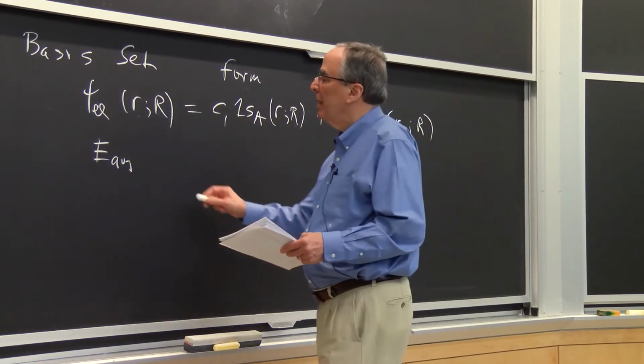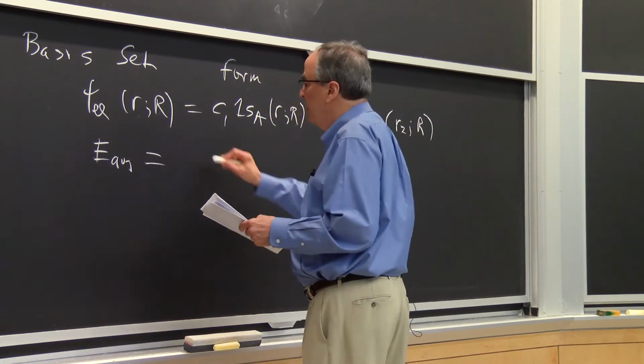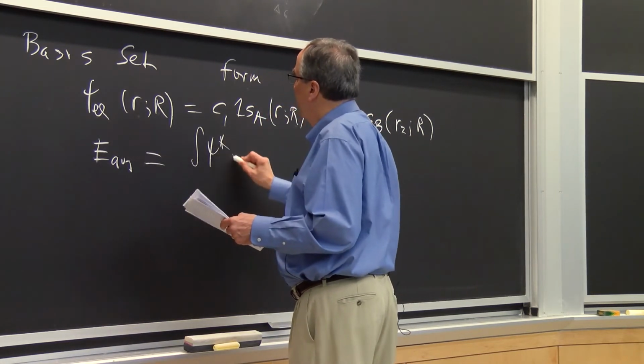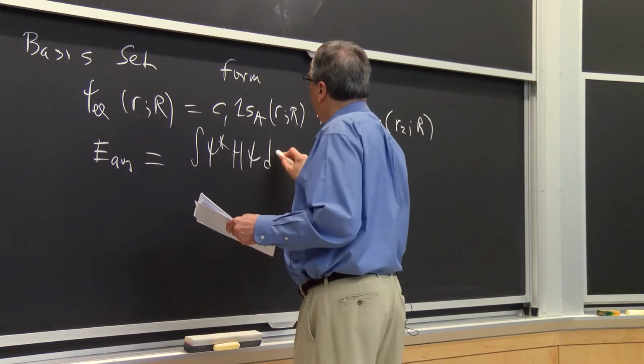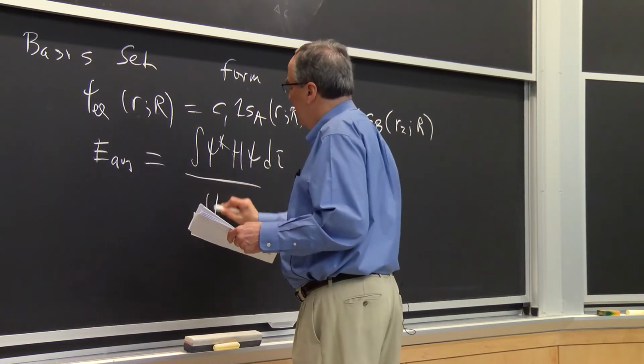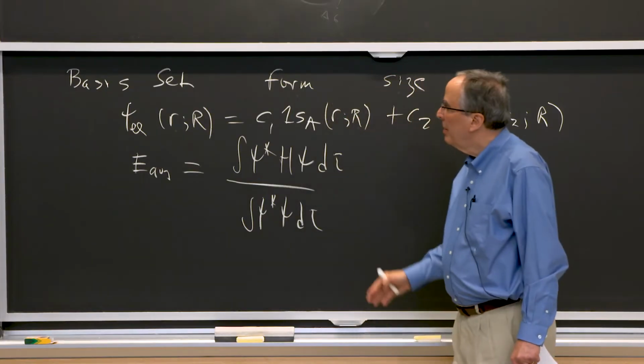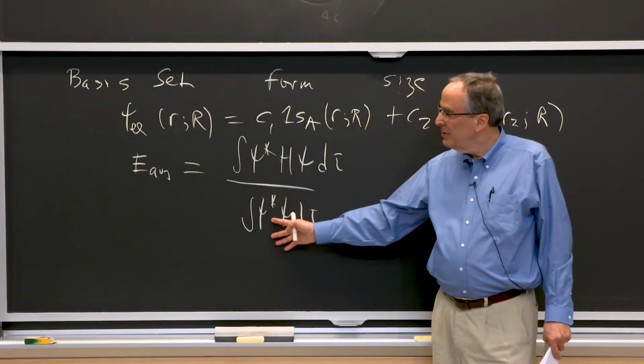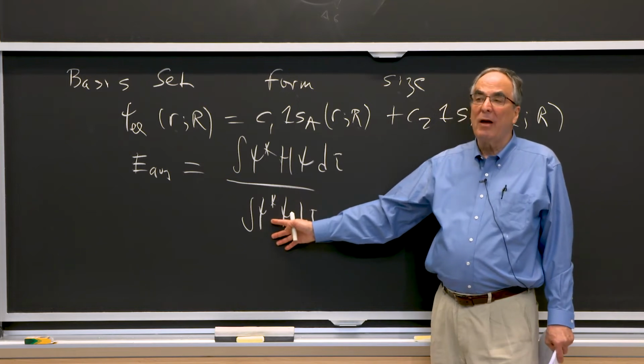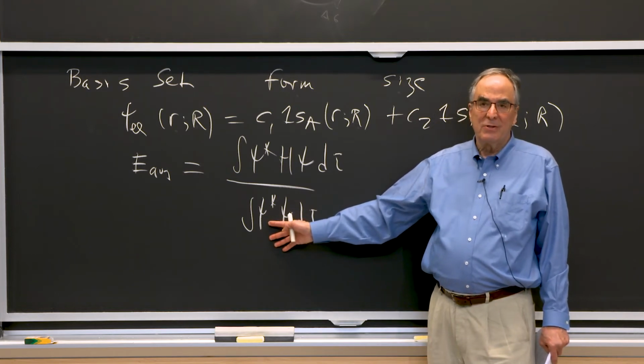And so how do we calculate the average energy? Well, we do the usual thing. We say the integral of psi star H psi d tau over the integral of psi star psi d tau. Now, I'm including this because we need it when we don't have orthonormal basis functions.